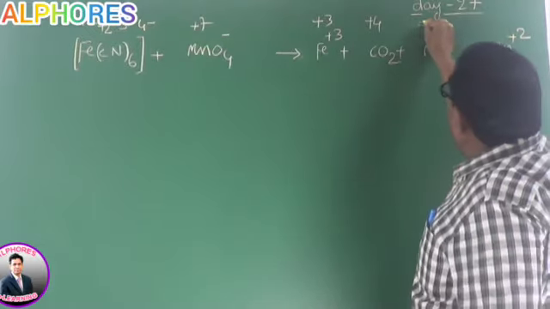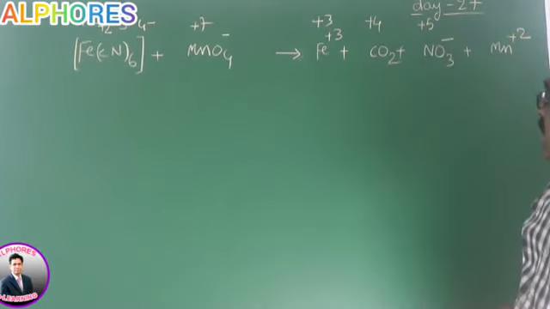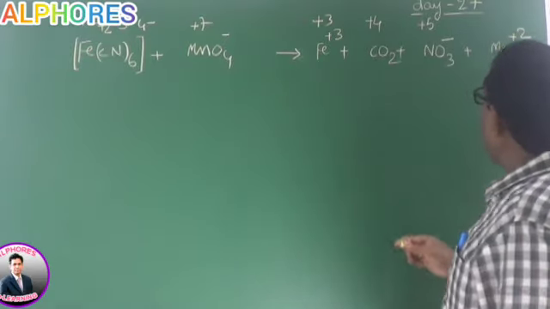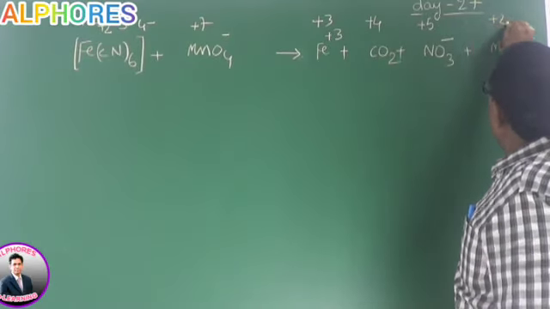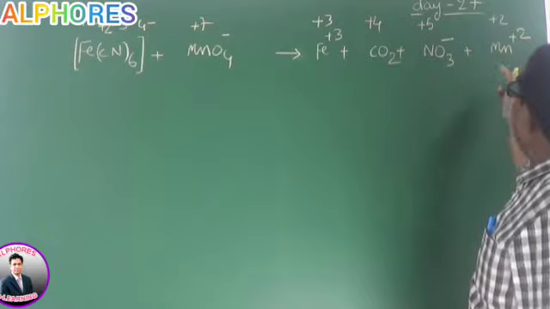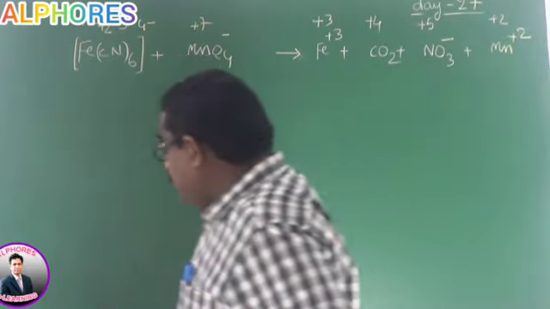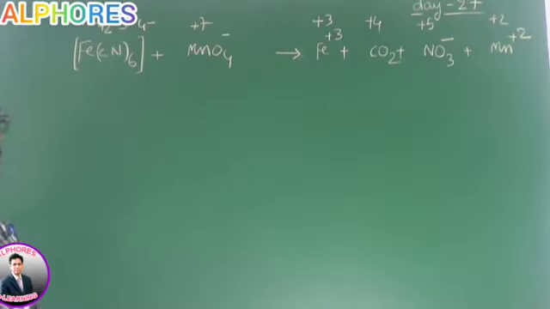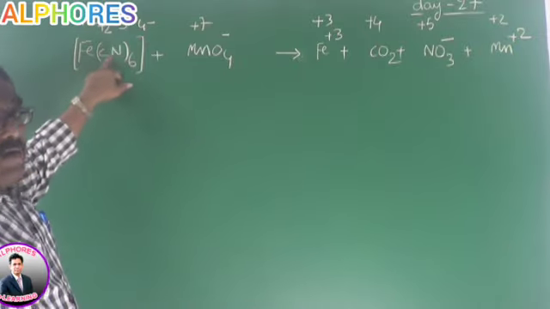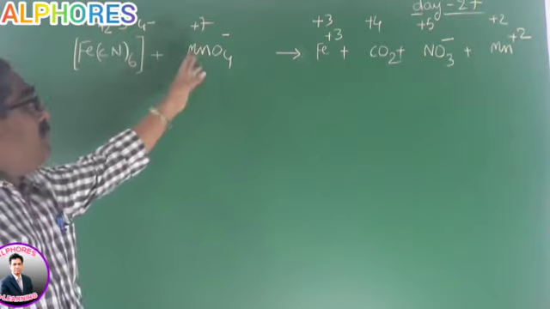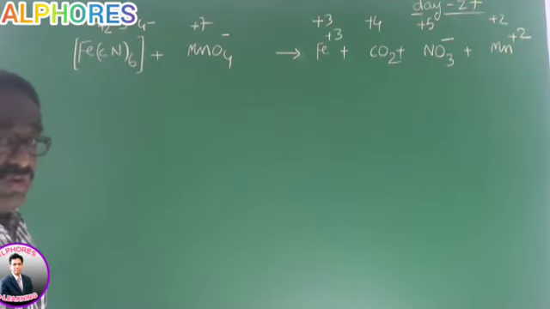Nitrogen -3, here nitrogen +5, so it is also oxidizing. Manganese +7 to +2 is reducing. Now 3 elements are undergoing oxidation, iron, carbon and nitrogen, whereas only manganese is undergoing reduction.